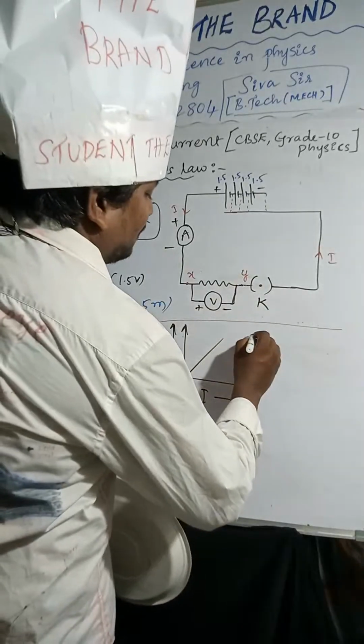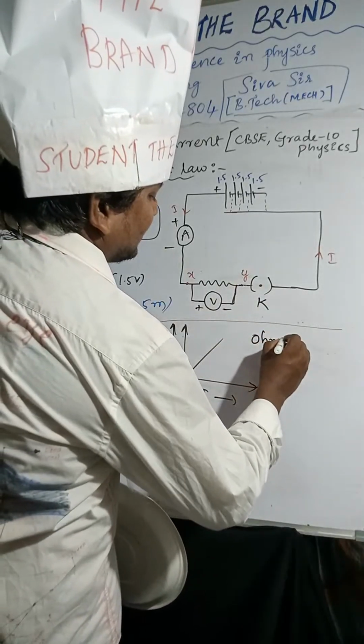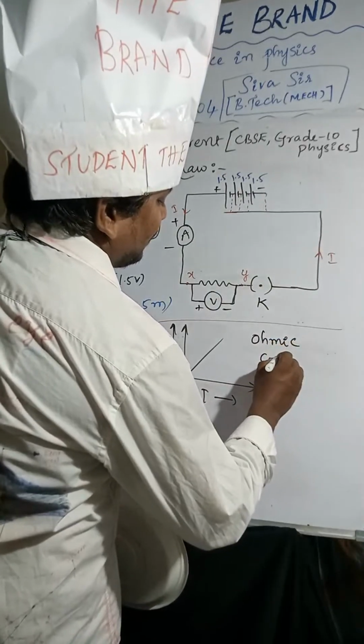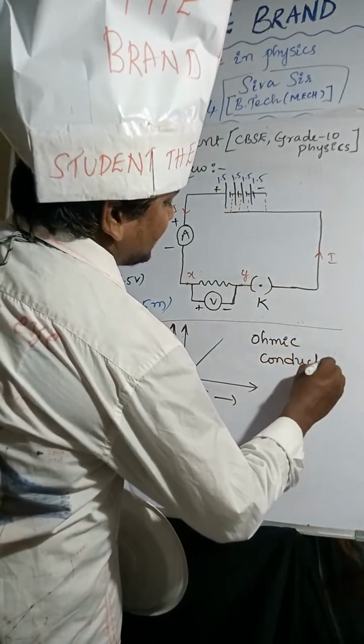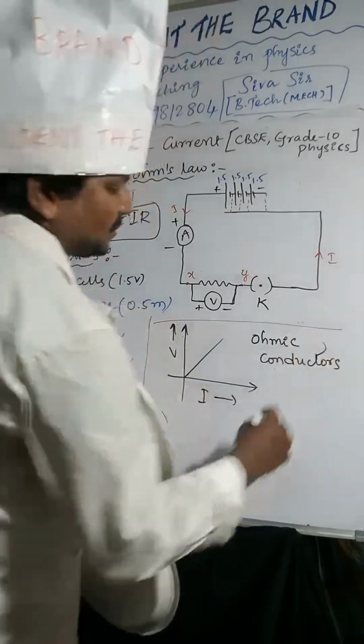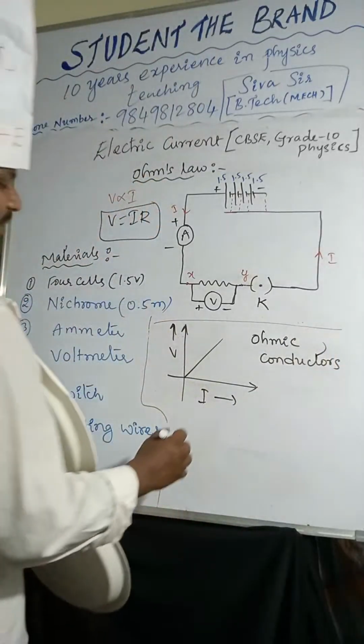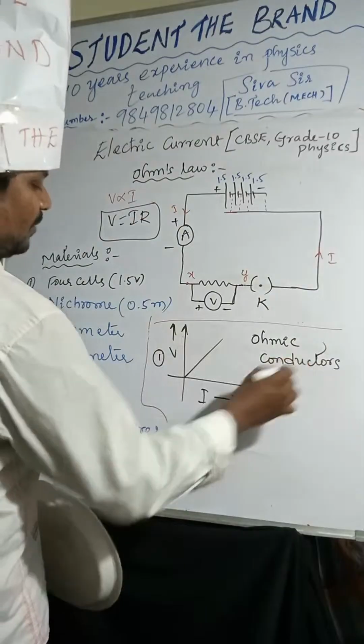That is for ohmic conductors. So what are ohmic conductors? The substances which obey Ohm's law are called ohmic conductors. So this is about Ohm's law and ohmic conductors.